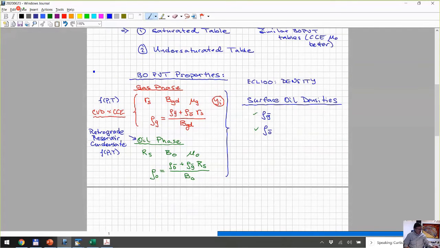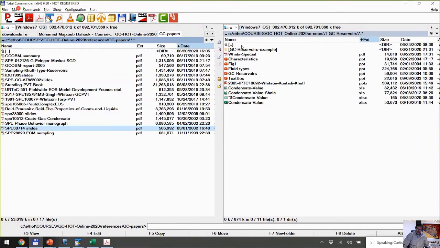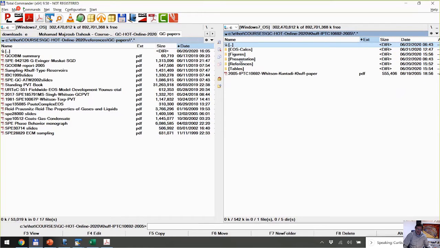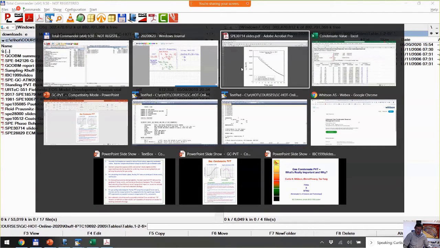So if we just look real quick at the example from this CUF paper, you don't have to follow it, but basically I'm going into this paper directory, I'm going to the tables, and in this first table 1 to 6, there's this input file from the Blackwell run, and that's what I'm going to open up here just to look at an example of Blackwell tables.